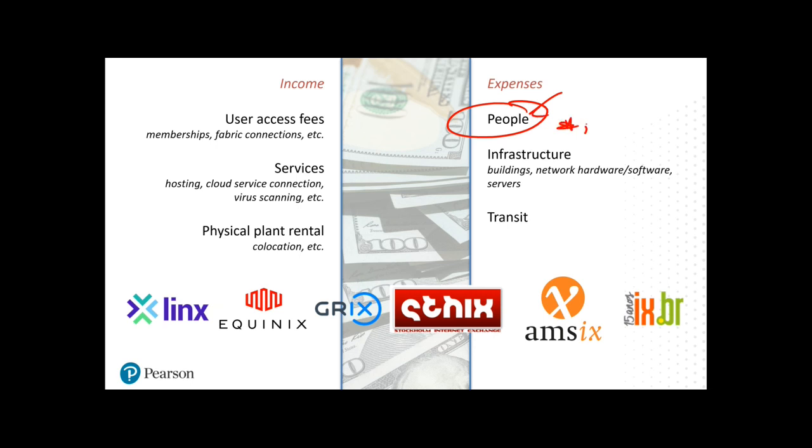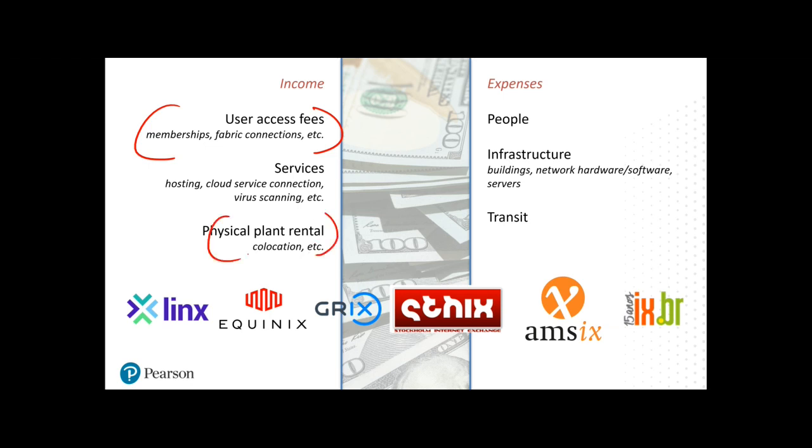Number one cost for every provider in the entire planet is going to be people. And then they're going to have infrastructure. They have to have a building to put all of this equipment into. And if they provide upstream or they need upstream, they're going to pay for their upstream transit.